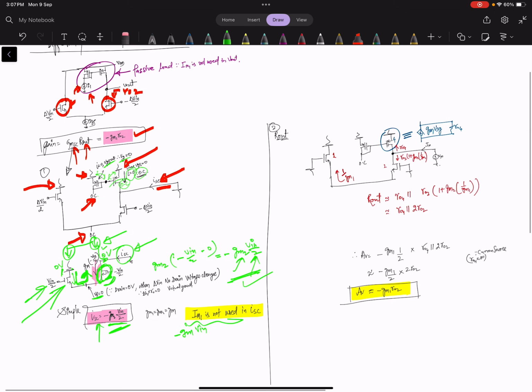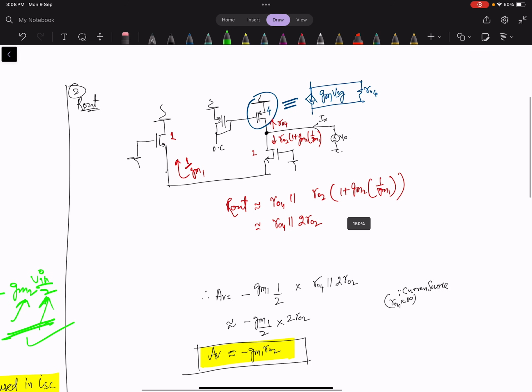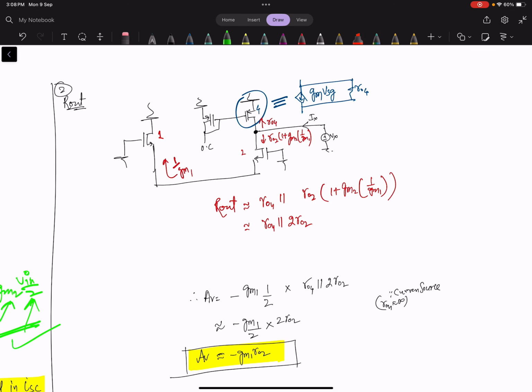Now let's go to the R out. Simply, let's go fast. Here all ground, open circuit. Since it is open circuit, I is 0, VGS is 0, here also VGS is 0, no current through this. But since there is an R, the current can flow from this node. There is the r_o of the current source.